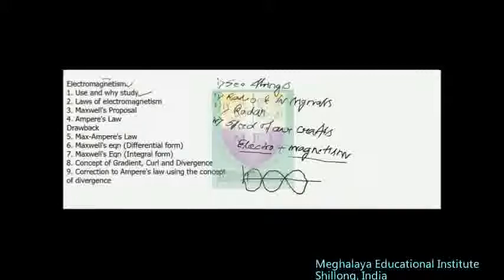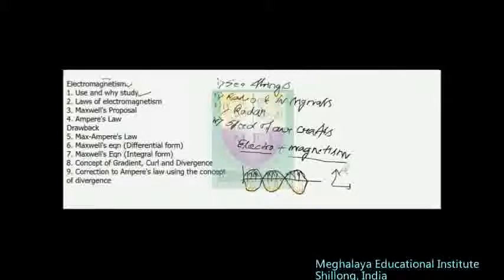So suppose this is my electric field, and if I want to show the magnetic field, suppose this is my magnetic field. So both this electric and magnetic field are actually perpendicular to each other.